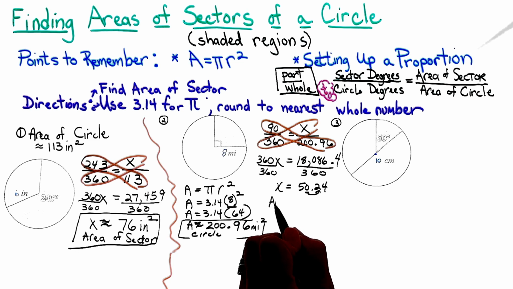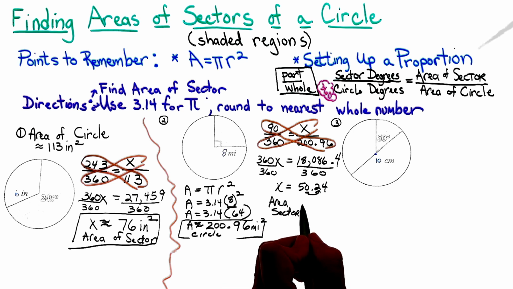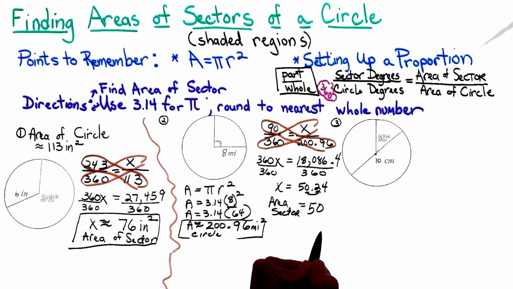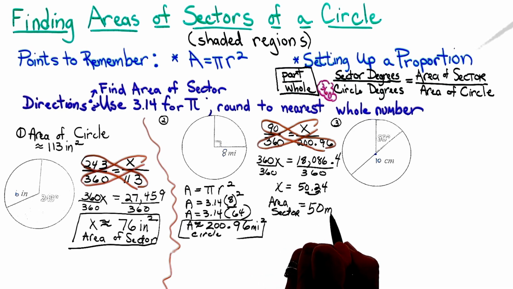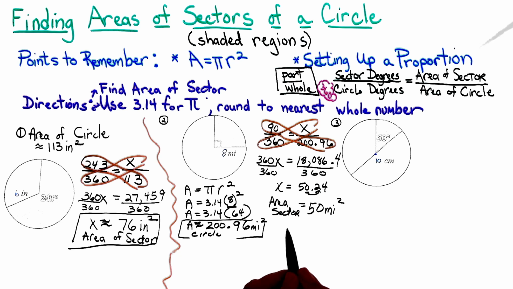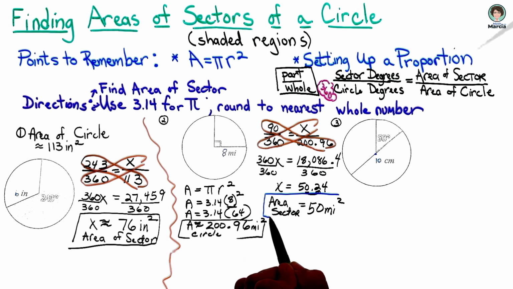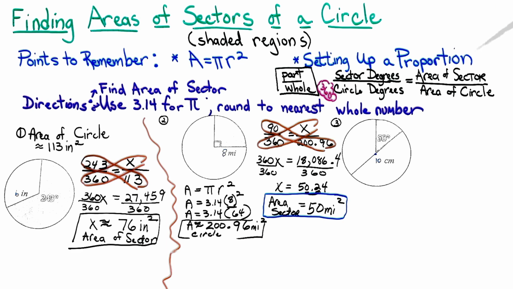So the area for this sector, and that's what we were looking for, is going to be equal to, we're going to round it to 50, and that would be 50 miles squared because our units are always squared. And this actually is the answer that we were looking for, the area of the sector.